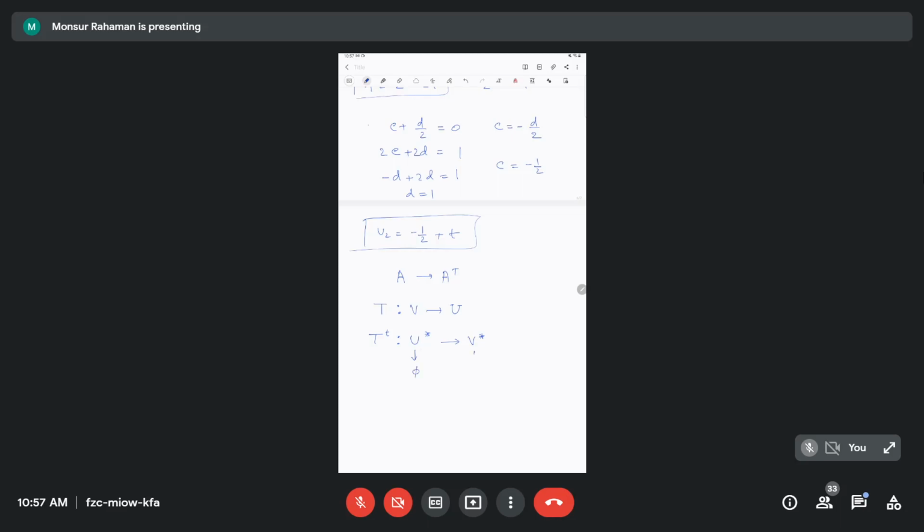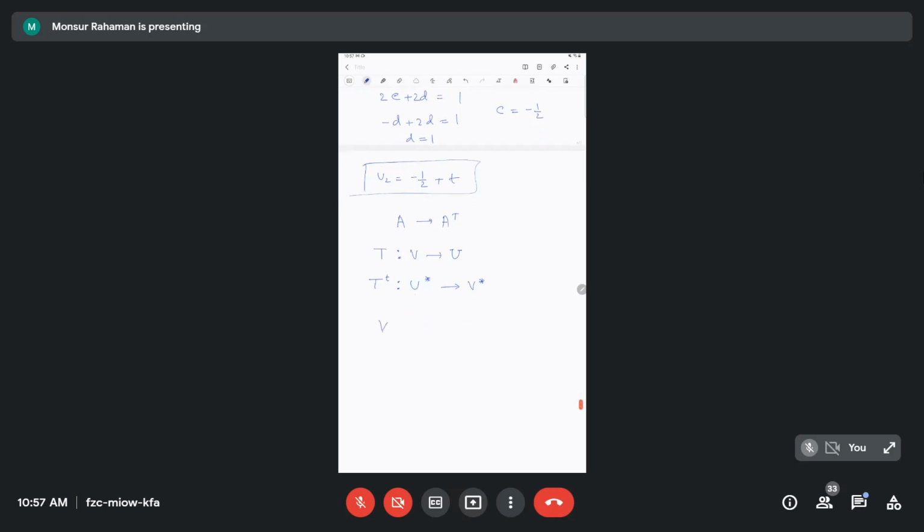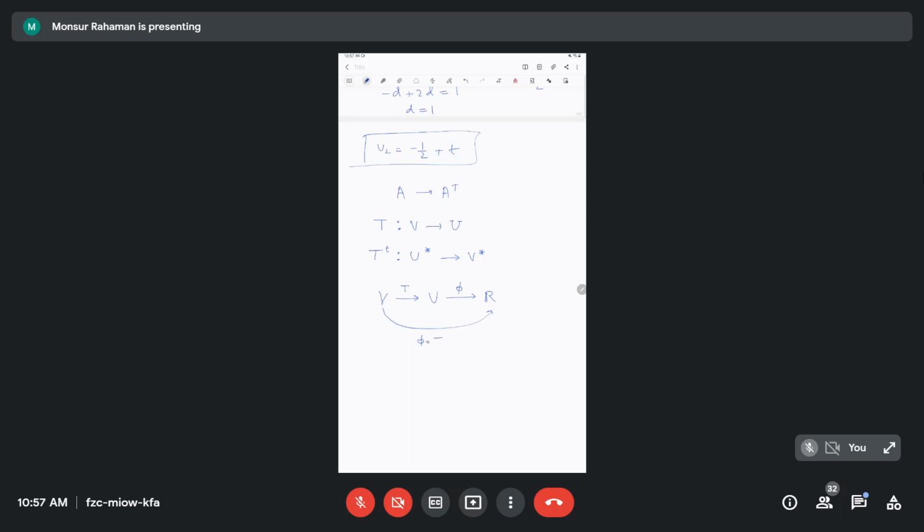Before we define it, this is T, and we are sending it to R by a linear functional phi. So if you send it to R, it will be phi composed with T.